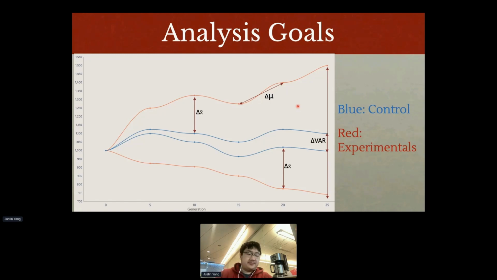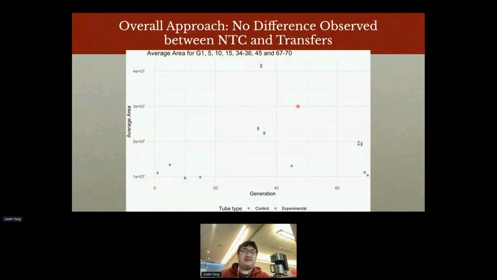And so when looking at the overall picture, the macro view of the data, we observed that there's no statistically significant difference between those with transfers and those without transfers.